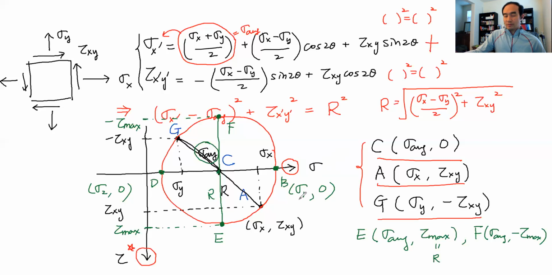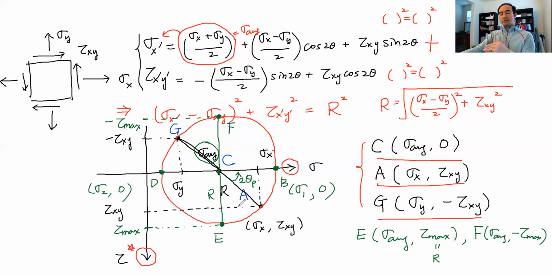Sigma 1 is the maximum, sigma max, and sigma 2 is sigma min. The angle from the current position to the principal stress is theta p, and the angle from here to here on the circle is 2 times theta p.